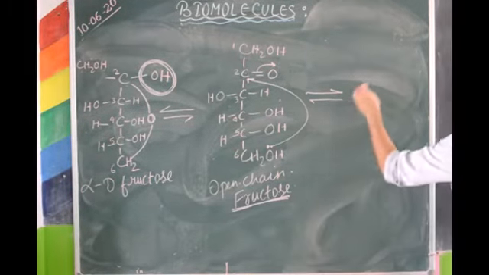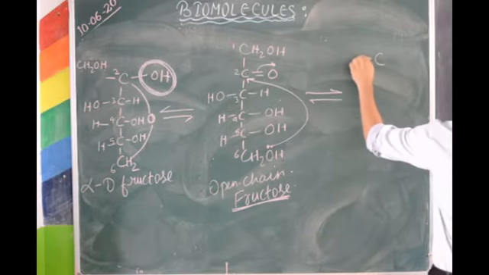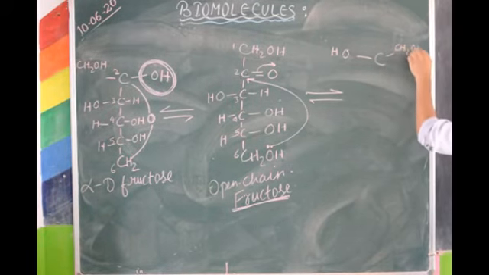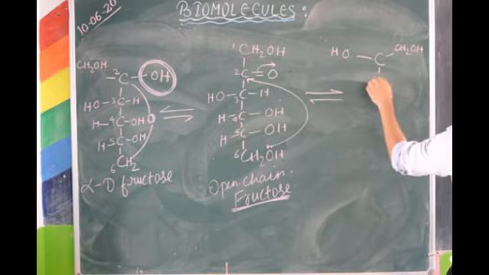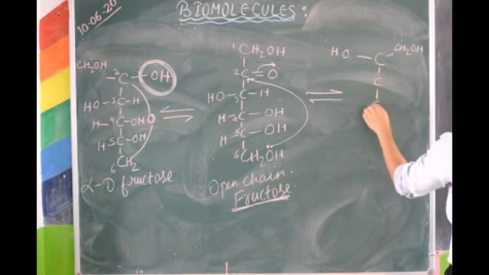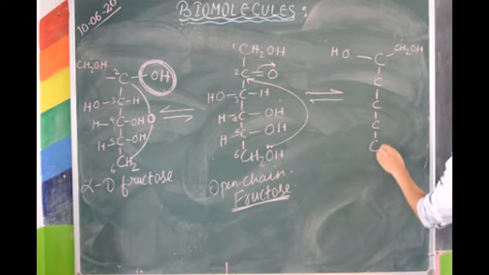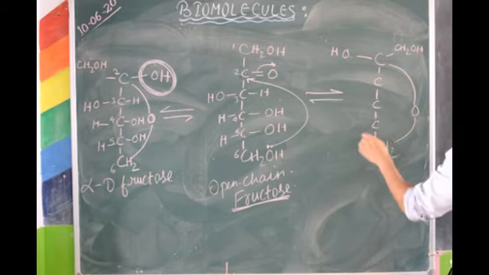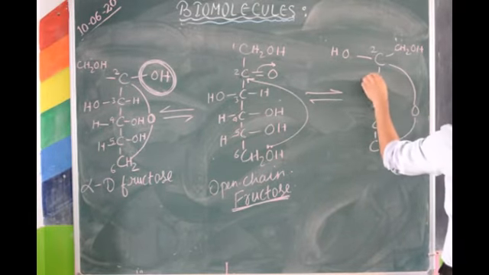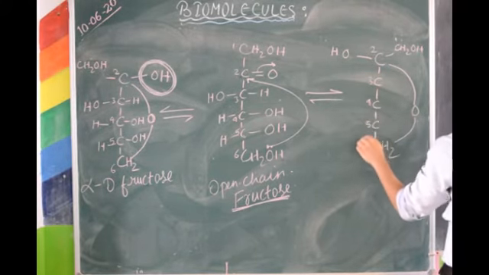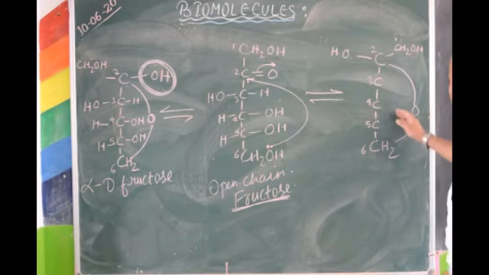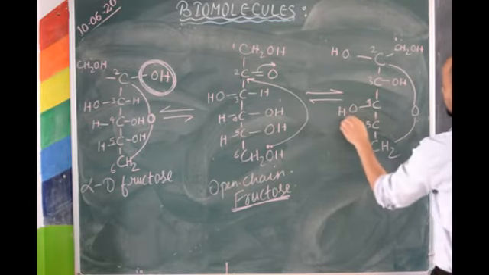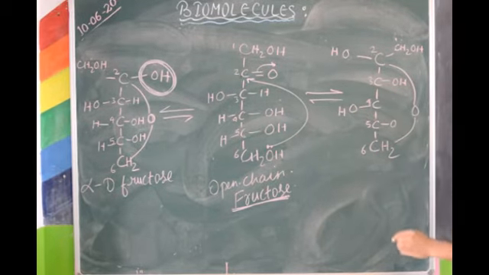Similarly, at carbon number 2, you have OH this side and CH2OH this side. 1, 2, 3, 4, 5, 6. You have CH2. Now these two are attached with oxygen.